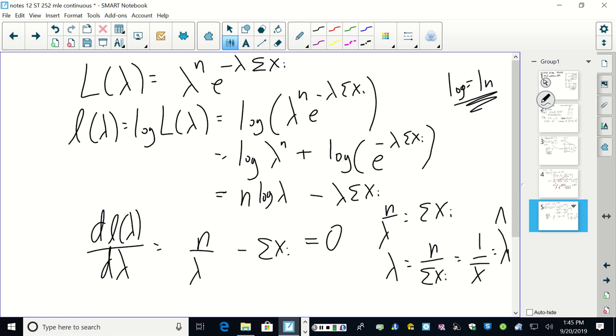If it's exponential, it says to calculate the sample mean and take 1 over it. That makes a little bit of sense, since the mean was 1 over lambda. It might have said take 1 over every x and get the average of those, but it doesn't. It says to do this.